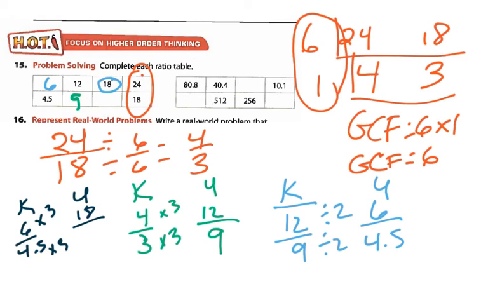So I'm going to punch that in my calculator. And I'm going to say 4.5 times 3 is 13.5. So that's 13.5. So I could figure out all the values in this table just by reducing this ratio to simplest form to figure out what was missing in this example, and then using that to figure out the other examples.